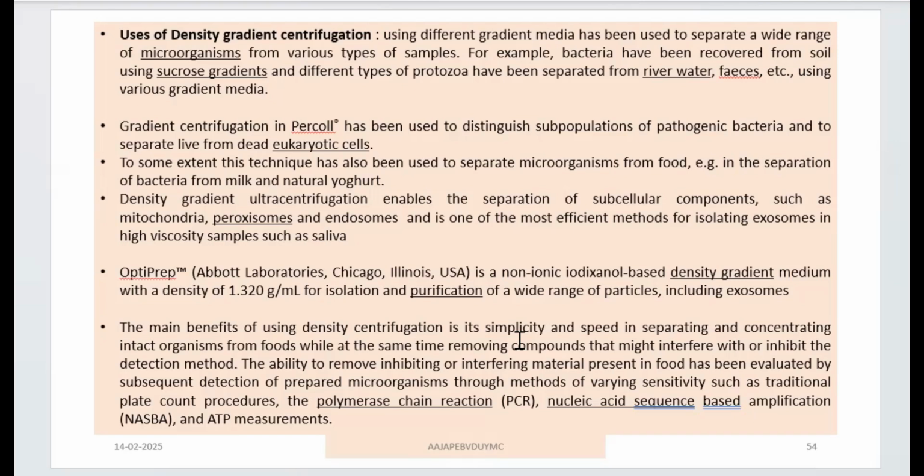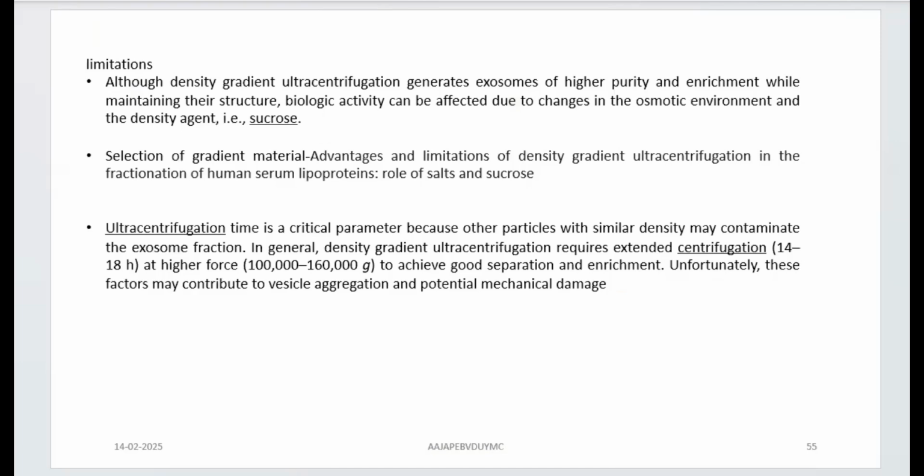It can be checked after you analyze these products by subsequent methods, like PCR, or nucleic acid sequencing based on amplification, or ATP measurements. So purity of the desired molecule or complete good isolation is assured by density gradient centrifugation.